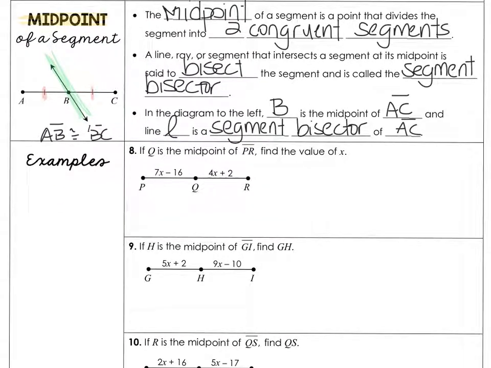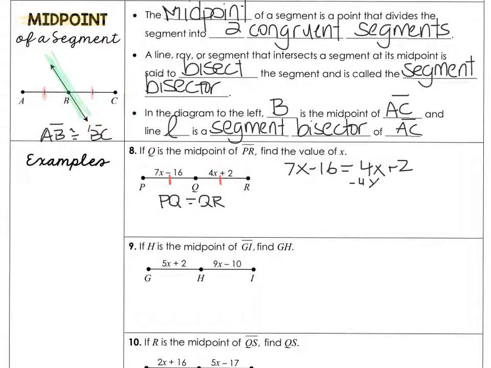So I'm told that Q is the midpoint of PR. Since I know it's a midpoint, I know these two segments must be congruent, or their lengths are equal. So I can say 7x minus 16 equals 4x plus 2.